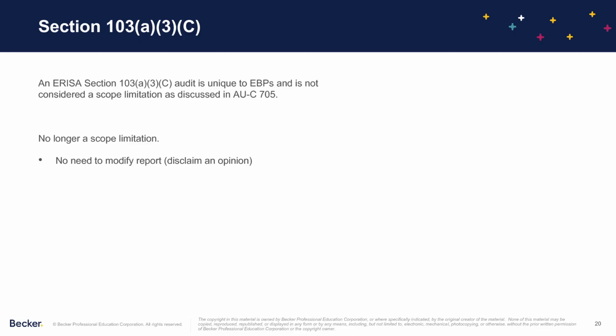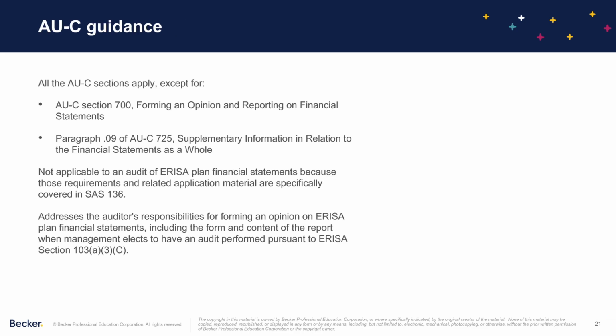So when we are performing our audits here, as we mentioned, ERISA audits are scoped out of AUC Section 700, which is forming an opinion and reporting on the financial statements. In addition, AUC Section 725, Paragraph 9, supplementary information in relation to financial statements as a whole, is also scoped out.